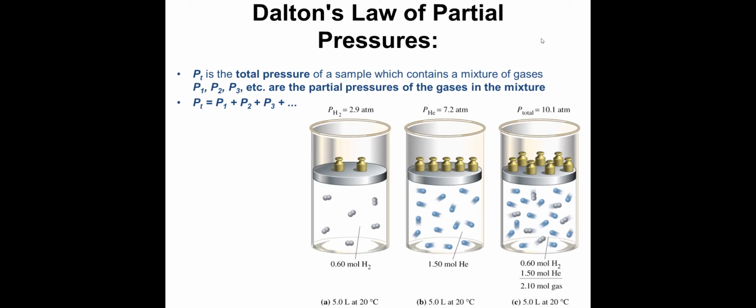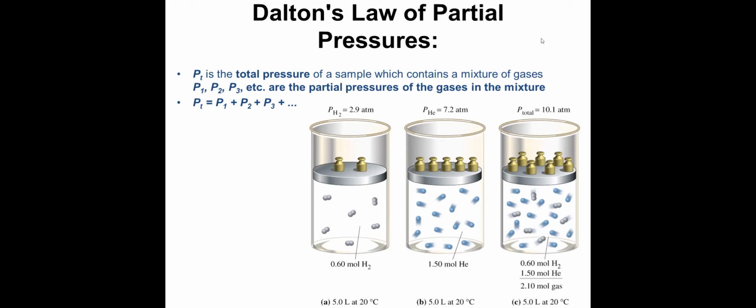Now, if we look at figure B, you can see that we have a partial pressure of helium of 7.2 atmospheres. And that 7.2 atmospheres is made up of 1.5 moles of helium.